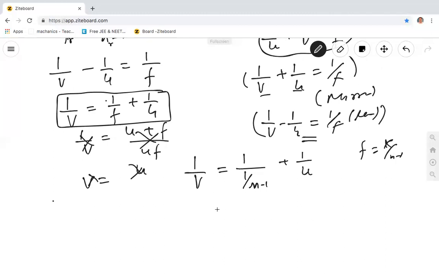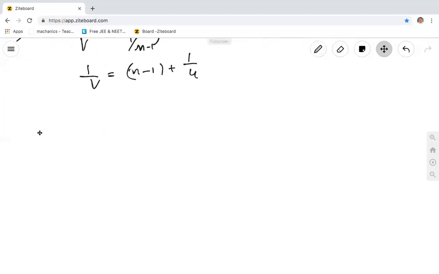Have you written this, f is equal to k by n minus 1? Because he says inversely proportional to, right? So 1 by v equal to n minus 1 by k plus 1 by u, right? Good. Now, it is the final image. What is 1 by v, Fatima?